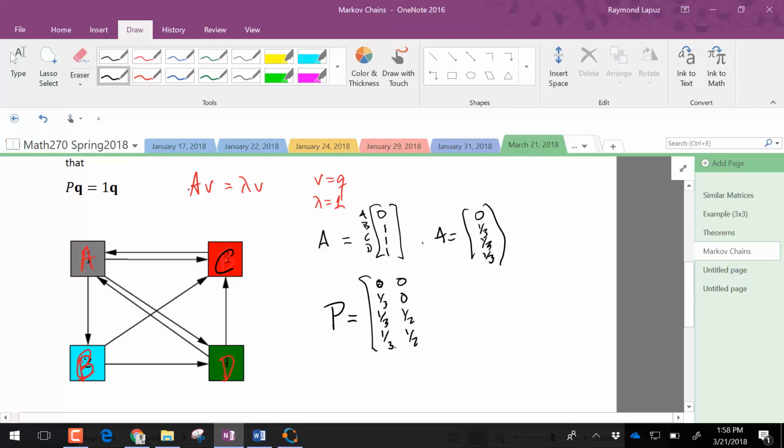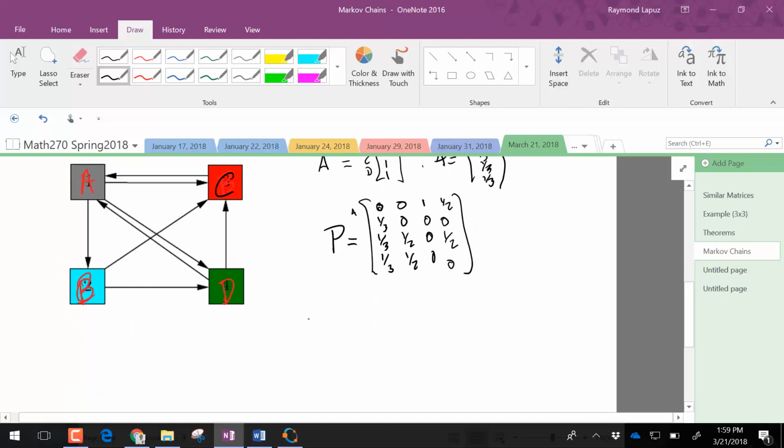C goes to A and nowhere else, so it's 1, 0, 0, 0. And D goes to A and C. So that's my P matrix.